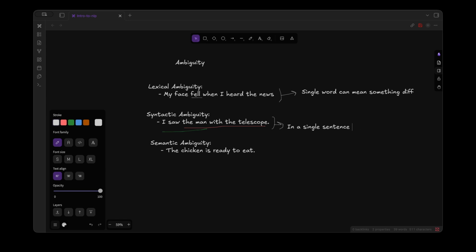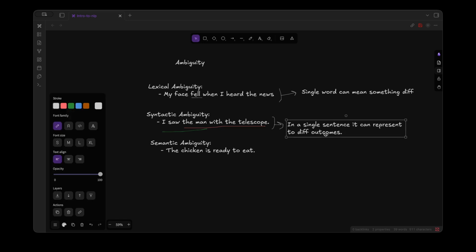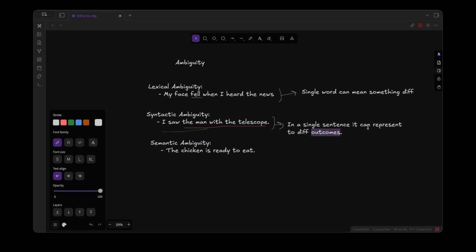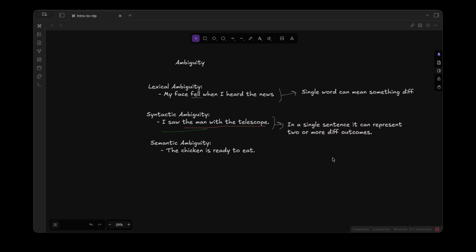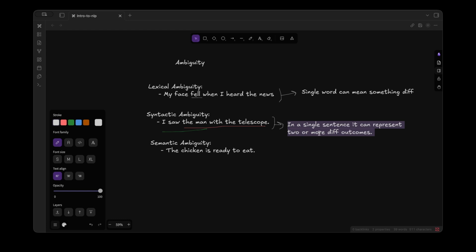In a single sentence it can represent two or more different outcomes, or two or more different scenarios, which might be confusing.